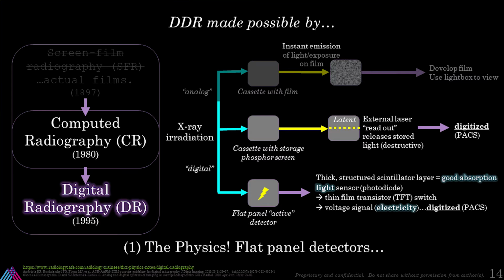That light is then seen by the light sensor, the photodiode, goes to a transistor switch, and is directly translated to electricity. That's why it's called direct digital radiography. You have an instant conversion of X-ray radiation to a digital signal that can then be transmitted to your PACS system. So that's the first piece of technology that made this possible.